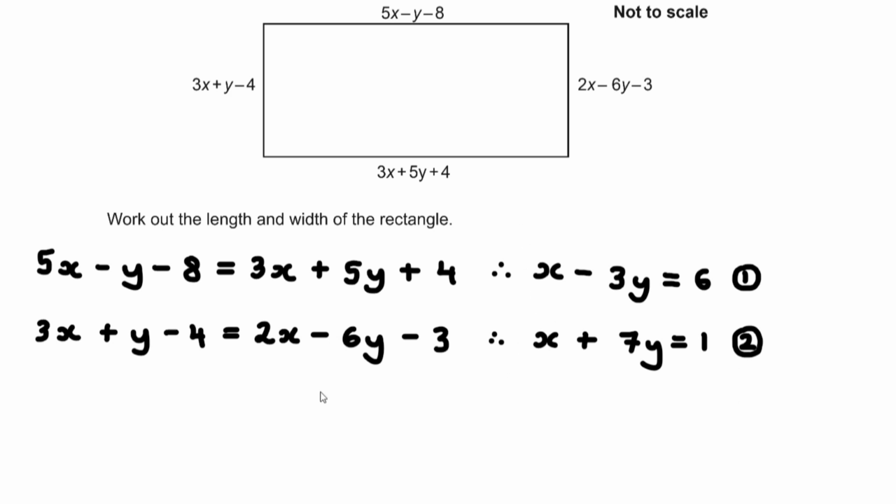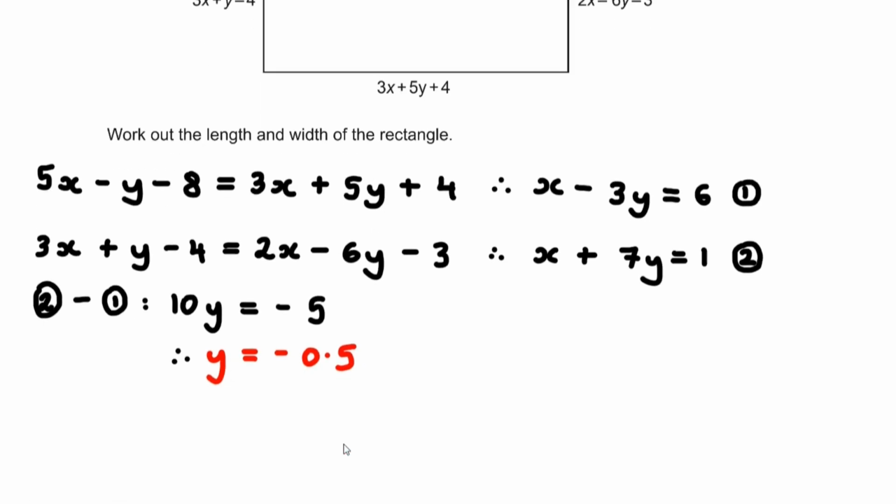So, if I do equation 2 subtract equation 1, 7y subtract negative 3y, that's 10y, 1 subtract 6, that's negative 5. 10y is negative 5, and if I solve for y, y equals negative 0.5.